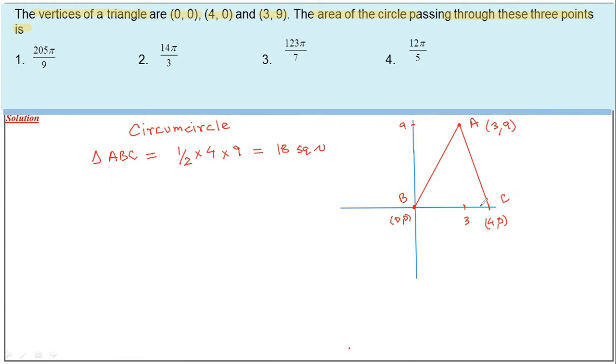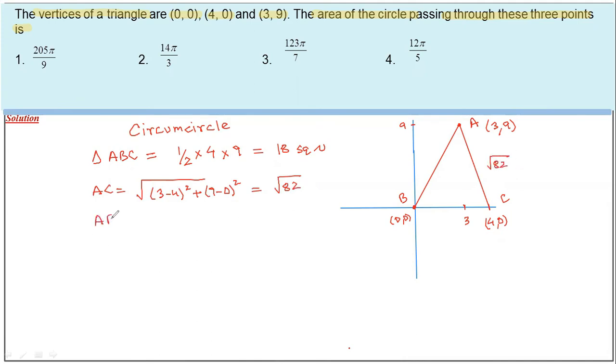Next, length of AC would be root under (3 minus 4) whole square plus (9 minus 0) whole square, that is equal to root under 82.